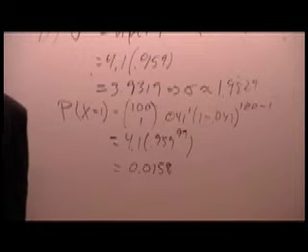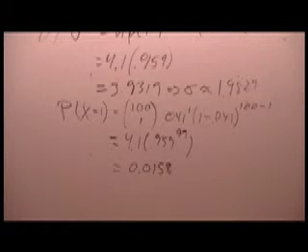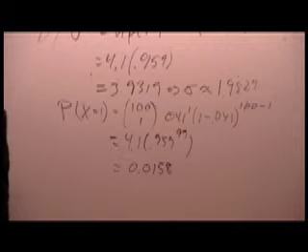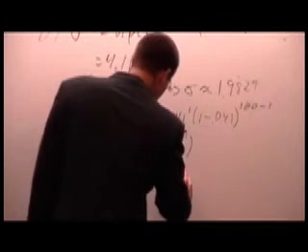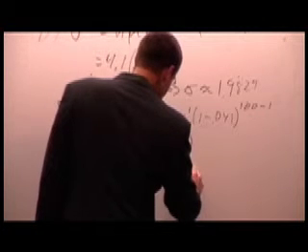So, of course, my next question would be, what is the probability that x equals 1? That's without multiplying by 100. Well, okay, so if you do that, this is 0.0649.